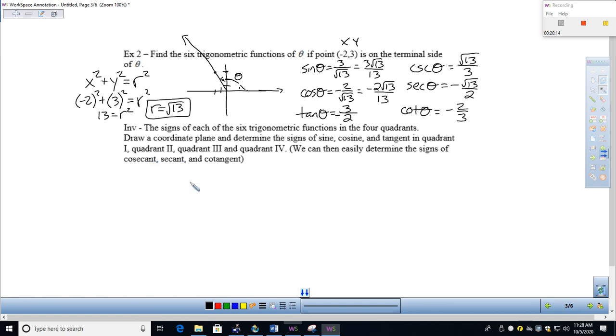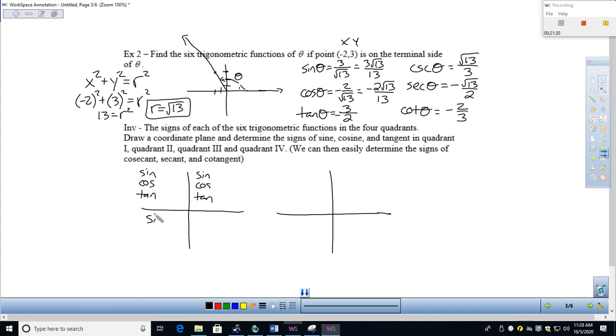All right, so here's what I'm going to ask you to do. 2 coordinate planes. One right there for me, one right here for me. And in this one, if you would, can you write sine, cosine, tangent in each of these 4 quadrants?